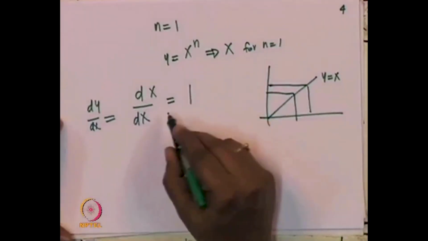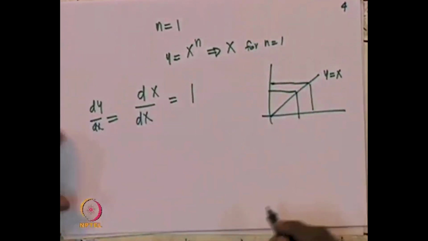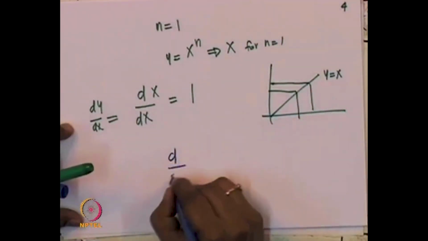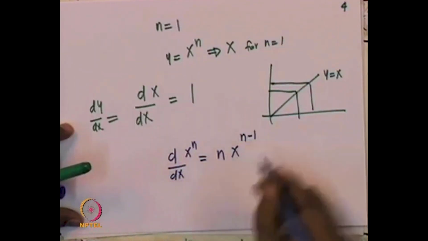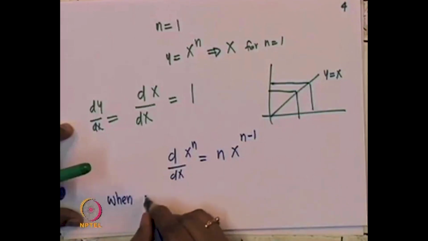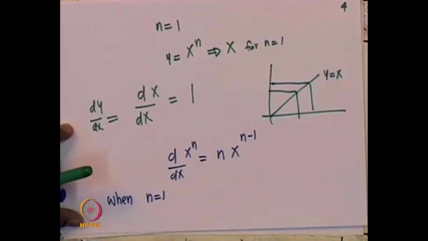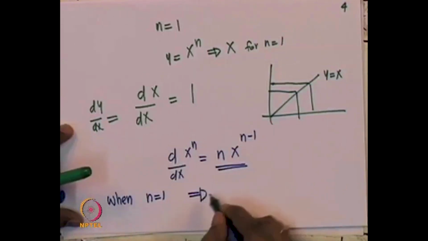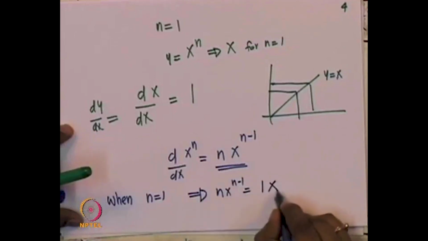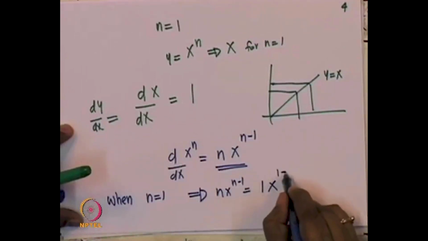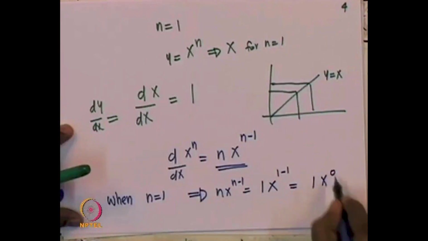So now let us see if this applies to our rule. The rule we learned today is that d by dx of x power n is n x power n minus 1. So when n equal to 1, what is n x power n minus 1? n is 1, x power n minus 1 is x power 1 minus 1, which is x power 0. x power 0 is 1, so this is just 1.